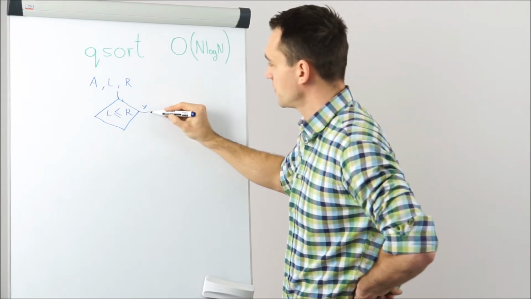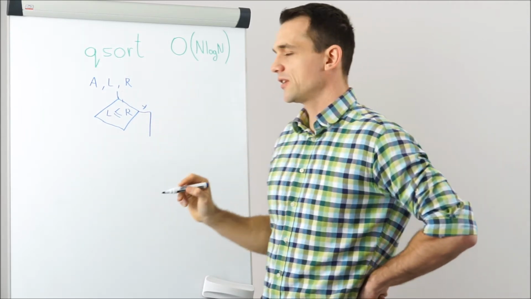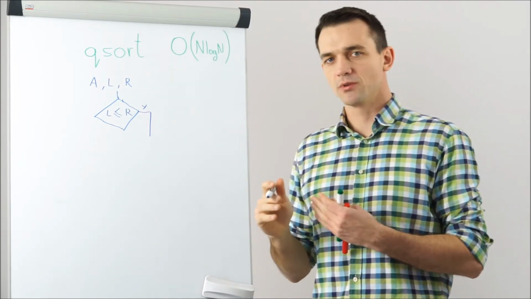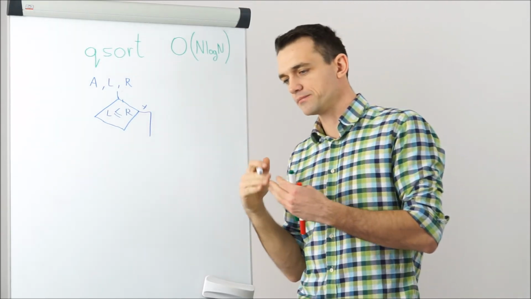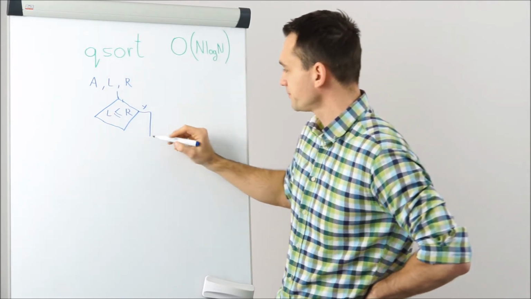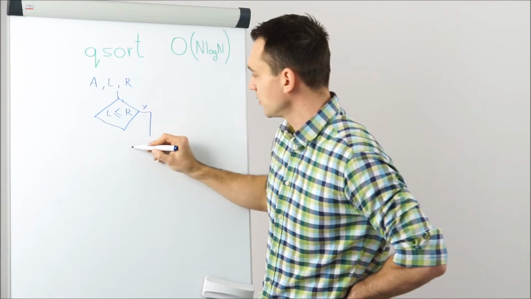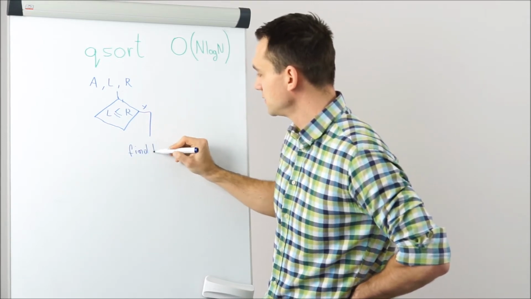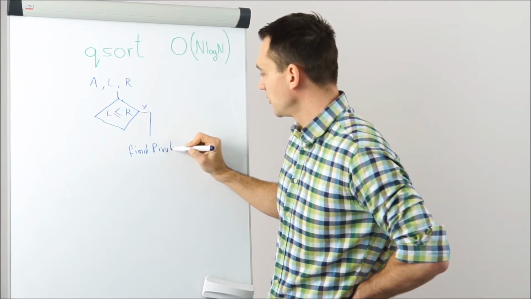So if it is true, we are trying to find a pivot element. This will be the element around which we would like to reorder. So let's call this block find pivot.